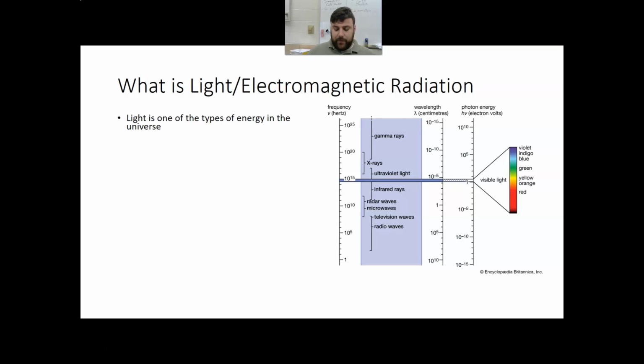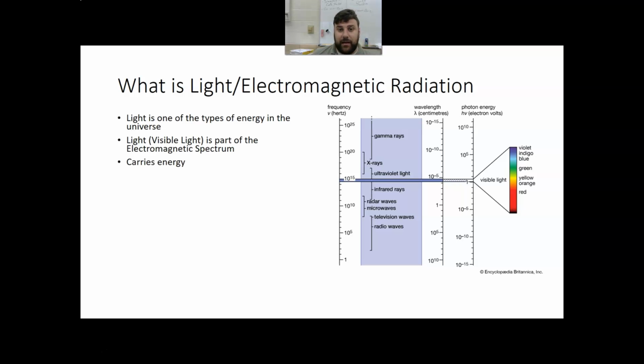Light is a type of energy in the universe, and some examples of other types of energy would be thermal energy, so the energy of heat, or chemical energy, the energy that's found in chemical bonds, on and on and on. We are focusing on what is called radiant energy. Radiant energy is energy from the electromagnetic spectrum. And light, visible light specifically, is a subset of that.